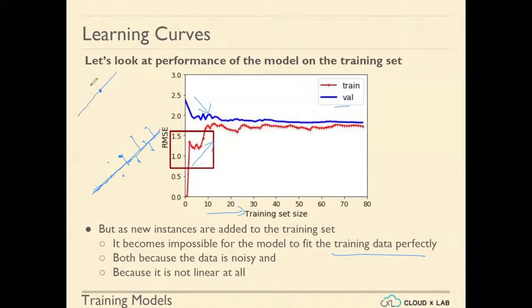This line will also fit, this line can also fit. That's why we have a very high validation error when we have only a few data points. But as you add more and more data points, the validation error will decrease, because now we know that this can be the optimal model.